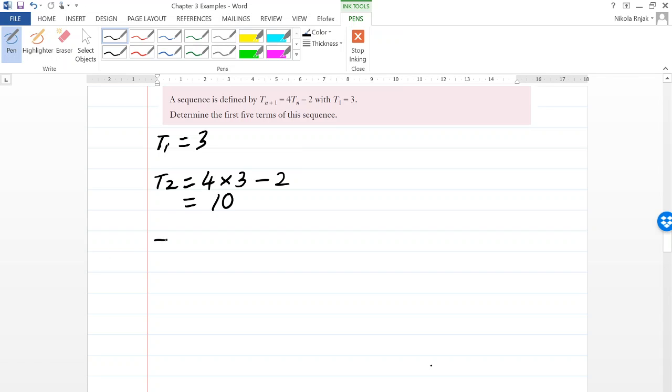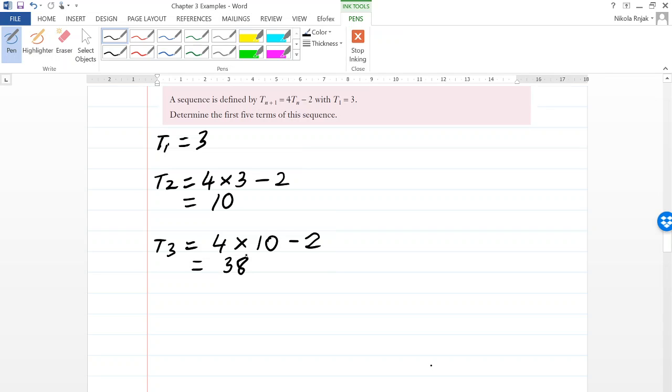Alright, to find term 3, we're going to go 4 times 10, take 2, which is equal to 38.